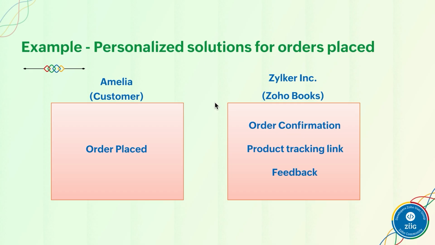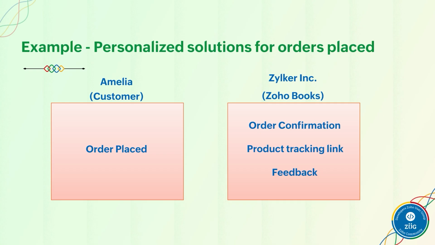So finally, we'll look into another example where these custom actions can be helpful. So in this scenario, let's say whenever a customer is placing an order in Zoho Books, you want SMSs to be sent to that particular customer in each and every stage.